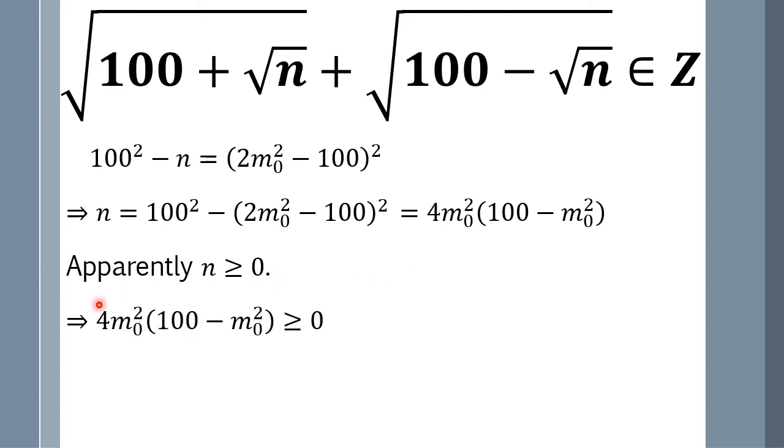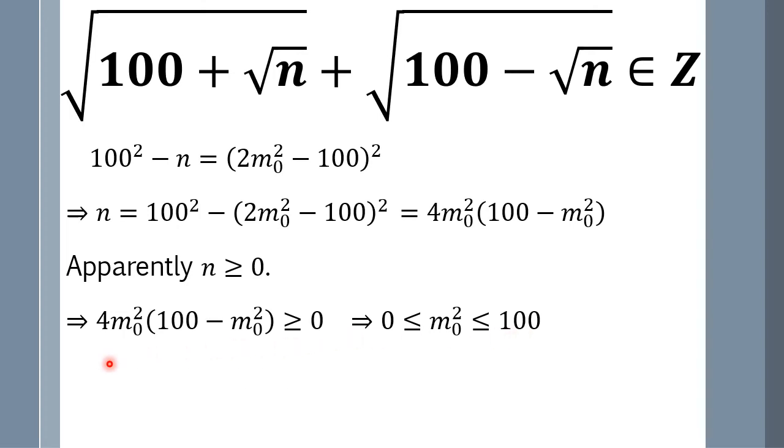That means 4m0 squared times (100 minus m0 squared) is larger than or equal to 0, which leads to m0 squared being larger than or equal to 0 and smaller than or equal to 100.